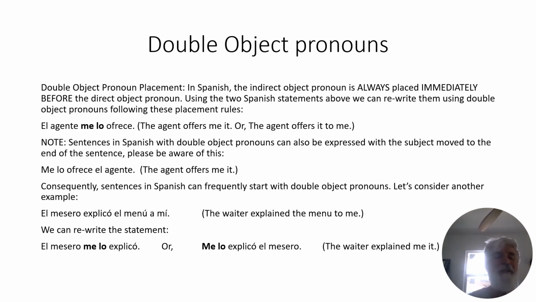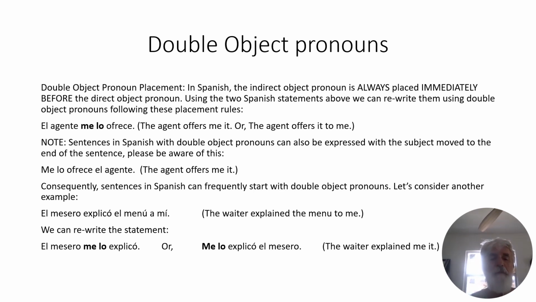We put the indirect object first, to me, and then it, lo, after, and they both come before the conjugated verb. And essentially what we're saying, el agente me lo ofrece, means the agent offers me it. And again, this sentence is referring to the last slide about the passport.